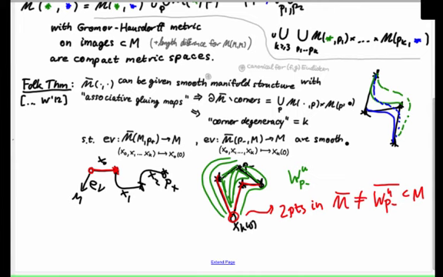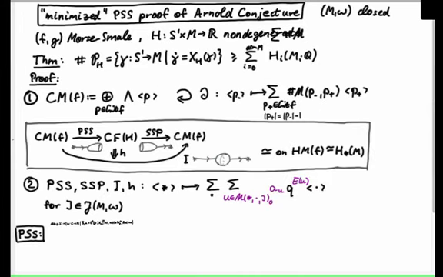So, with that, we have the language to go back to our minimal proof of the Arnold conjecture. Now that I've properly defined that, I can say that I want a Morse-Smale pair.